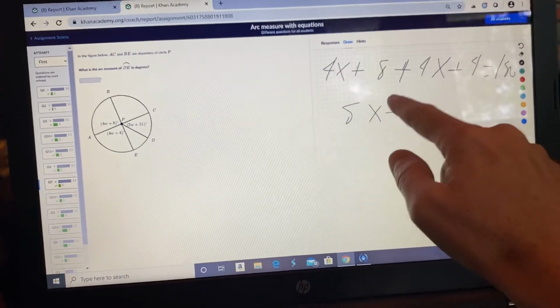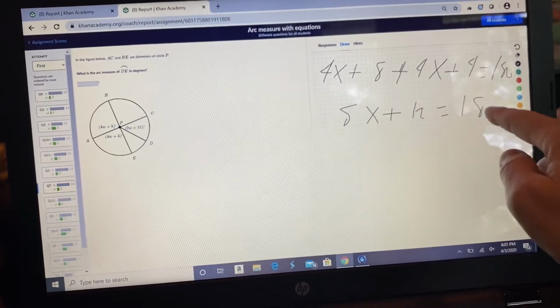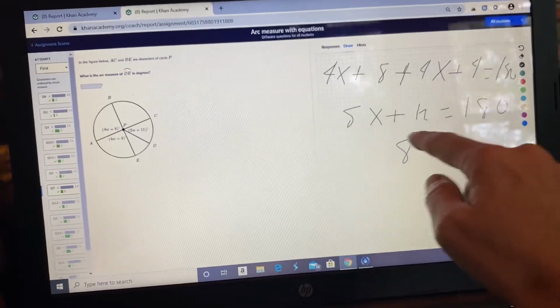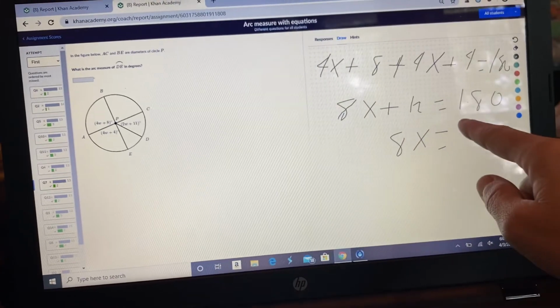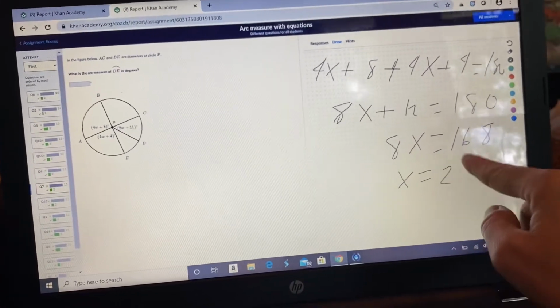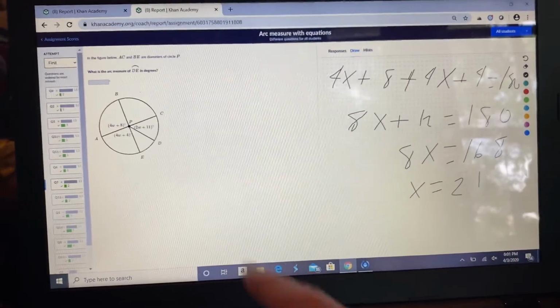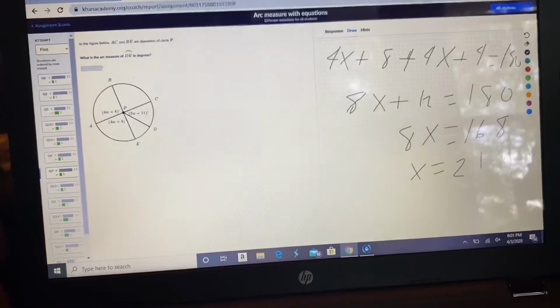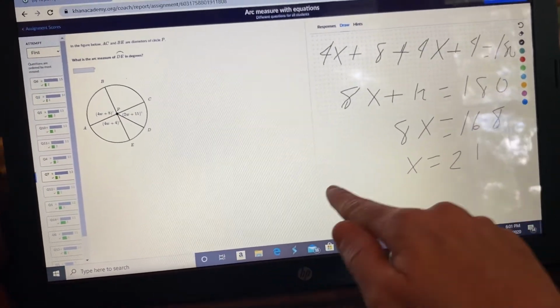So we have 8x plus 12 equals 180. So I have 8x equals 168. Therefore, x is 21. And now I can take that 21 and plug in and find all these angles. 4 times 21 plus 8 is 92.